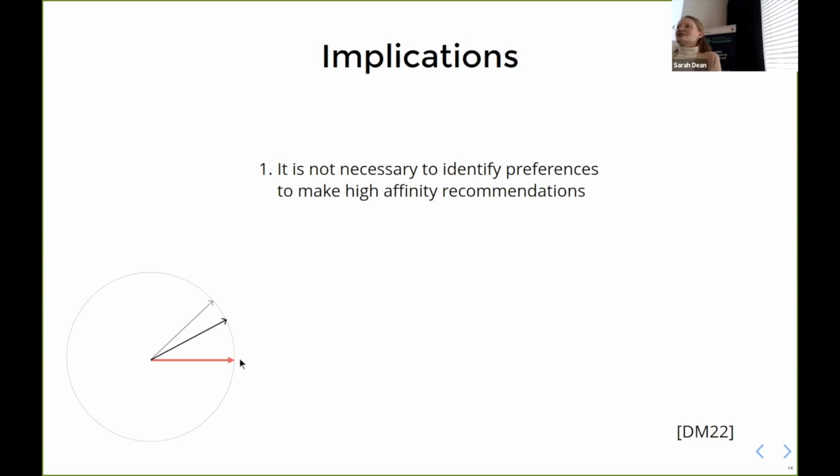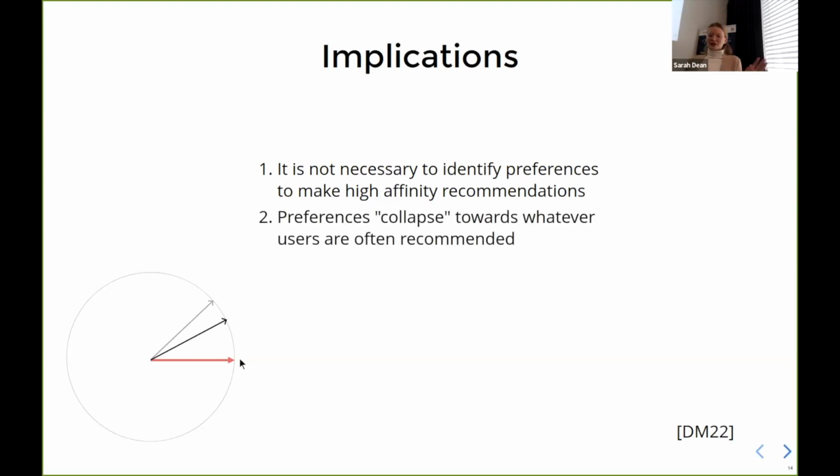The reason is I just need to have a rough understanding of the direction that somebody's preferences are in, and then I can just make them learn to love what I have to recommend. That's one implication of this. So as much as we think that online machine learning and data is so important, maybe we're not learning anything at all. We're just learning approximately close enough to get relatively addictive behavior out of users.